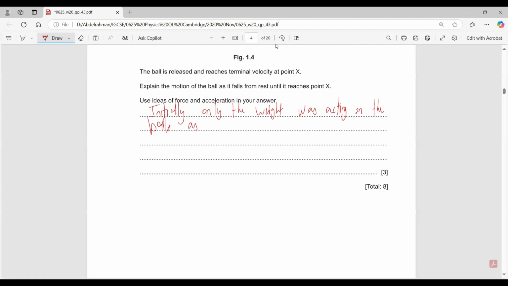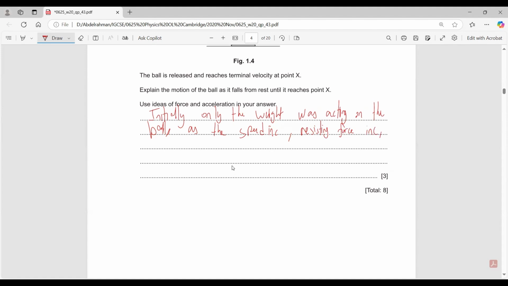As the speed increases, you have to say that the resisting force increases. Resisting force increases, therefore the resultant force acting on the ball decreases.